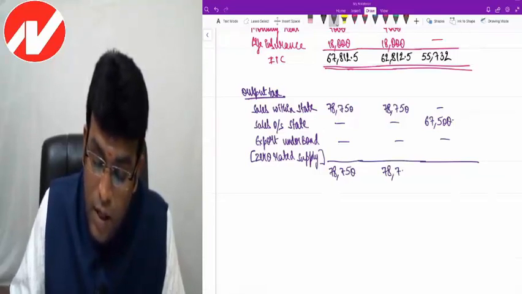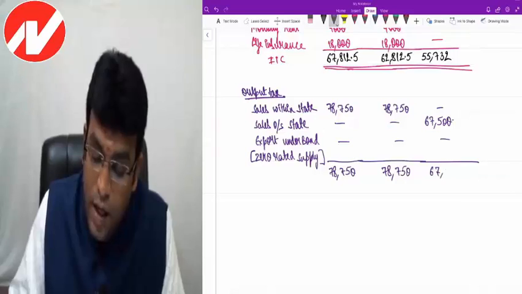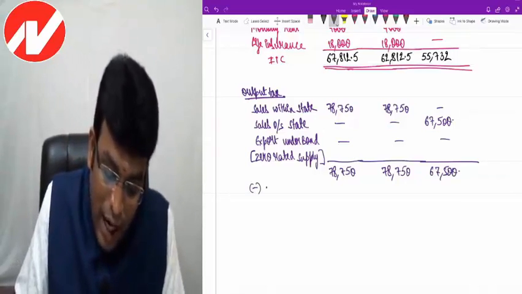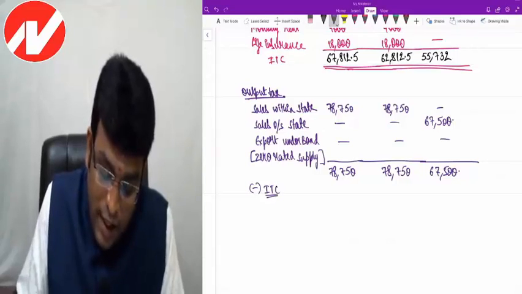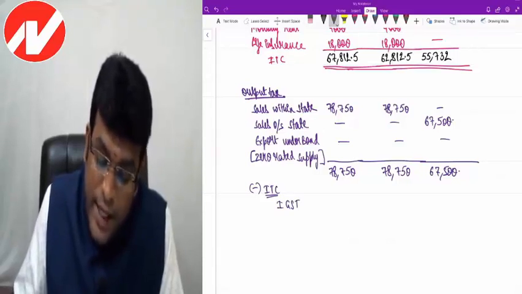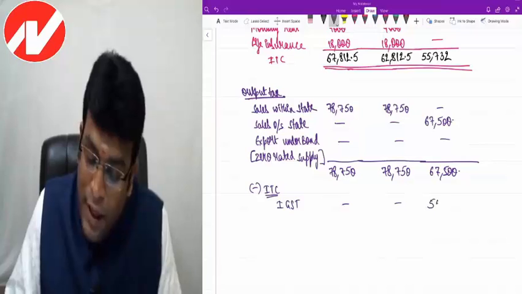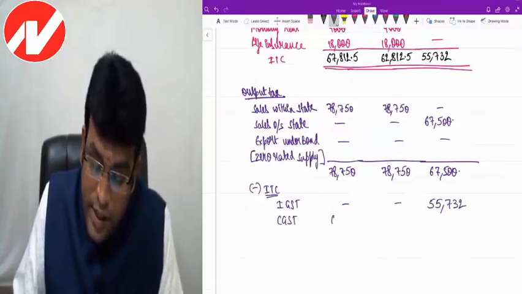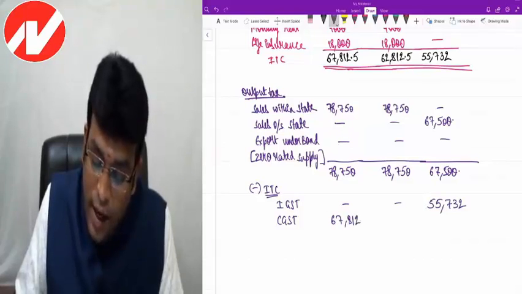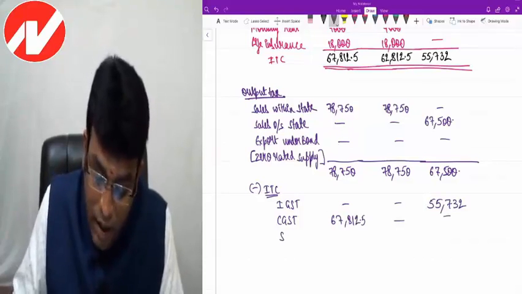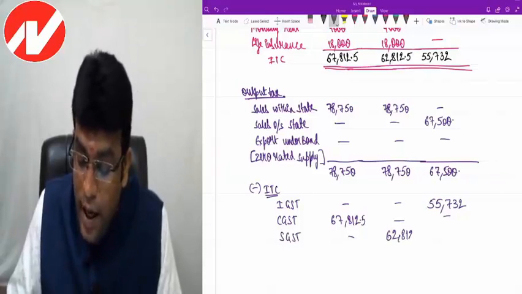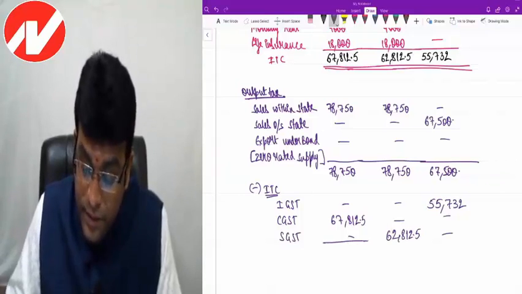So the figures are 78,750, 78,750, 67,500. From this, I will reduce input tax credit. First, the IGST figure 55,732, CGST figure 67,812.5, SGST figure 62,812.5.